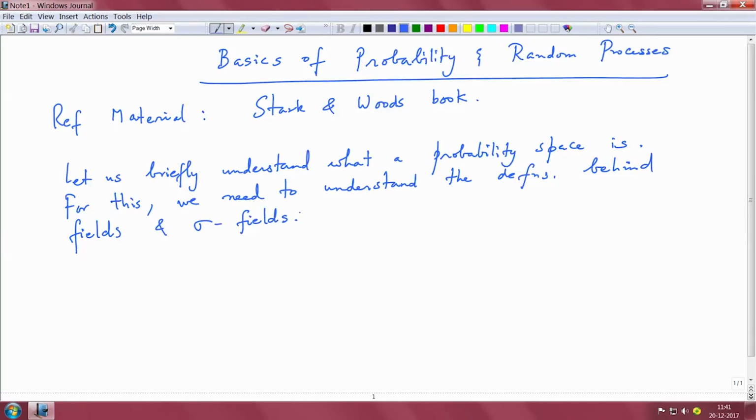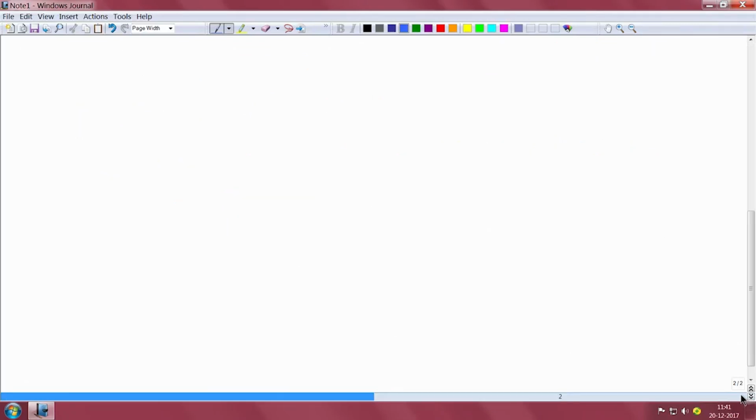This is more in a modern set theoretic setup. One can think about the combinatorial way of looking into probability, but the modern notion is a set theoretic approach. So, I will cover this from the set theoretic approach, just basics, so that you are comfortable seeing through this material. Okay. So, now let us start with our understanding of what fields are, right.